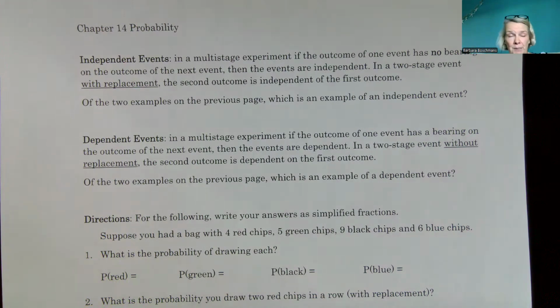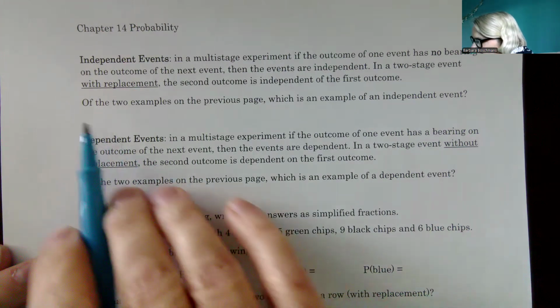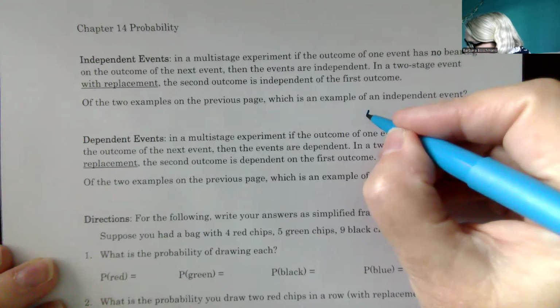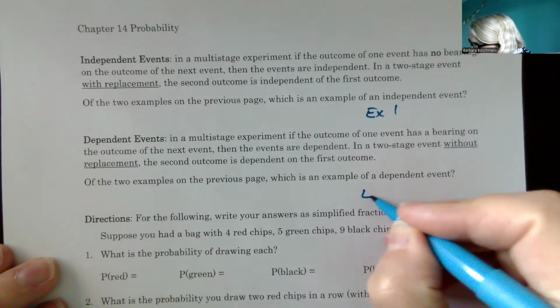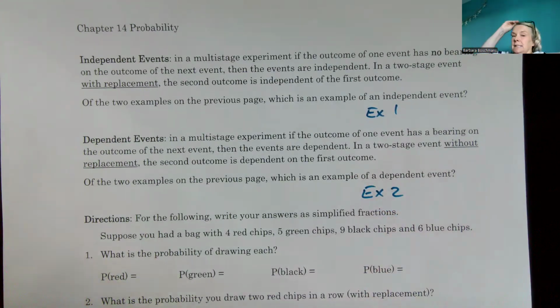But if it's without replacement, we call that a dependent event because now the probability of the second one is dependent on not putting that marble back in. So the first one influences the second one. So of the 2 examples, example 1 would be independent, example 2 would be dependent.